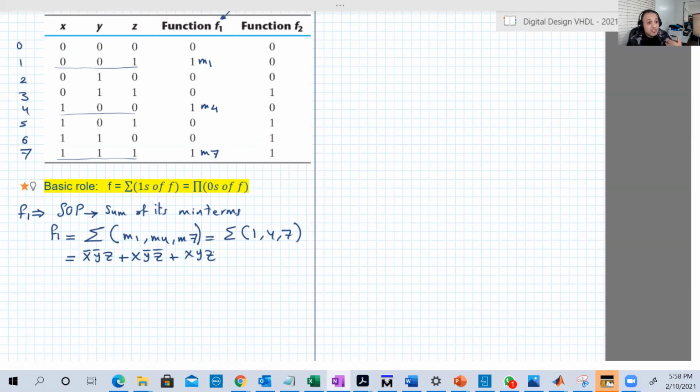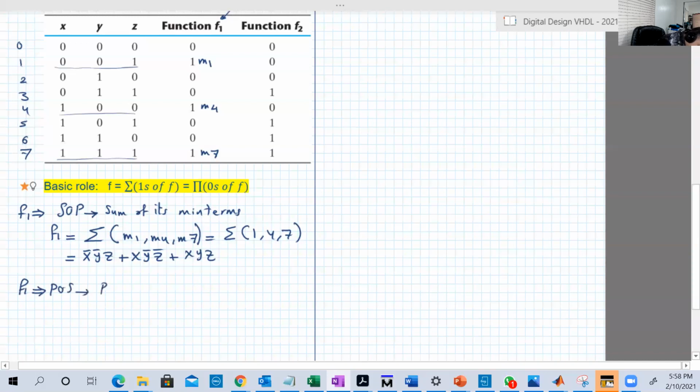Now, how do we express F1 as a product of sums? F1 again as a product of sums, or product of its maxterms. So F1 is product of. Now we look at the zeros, not ones.